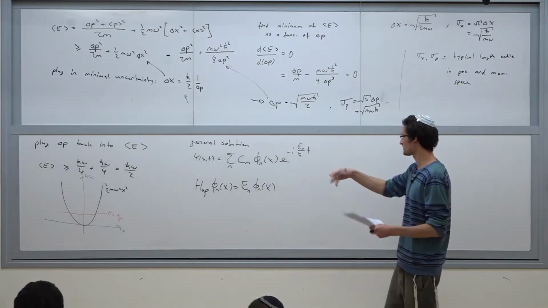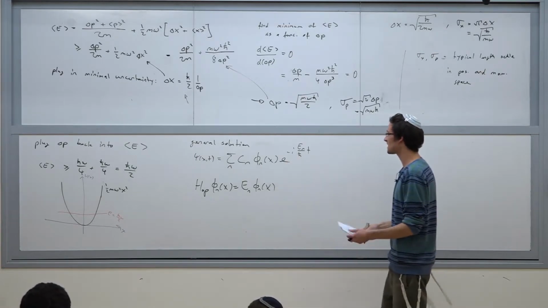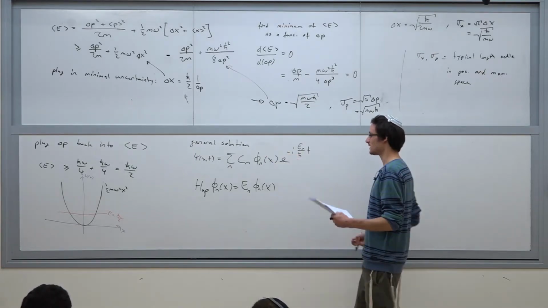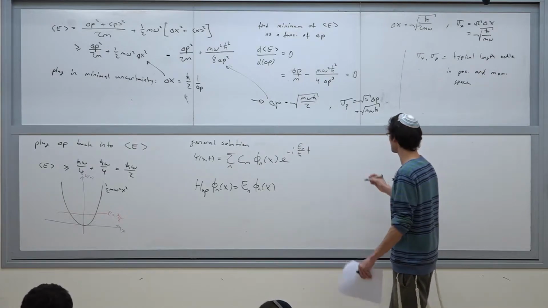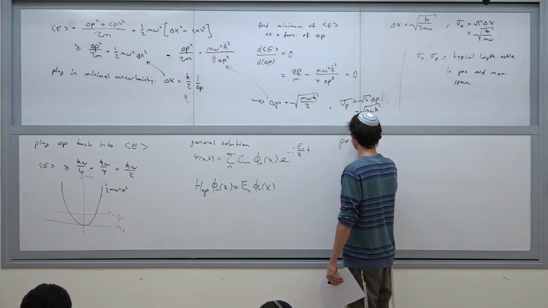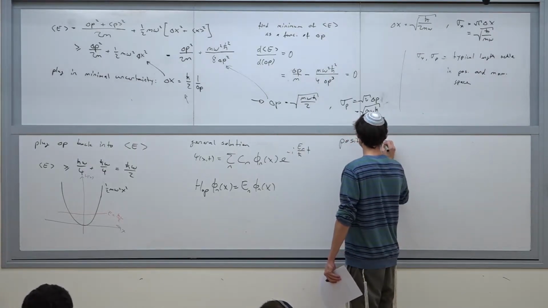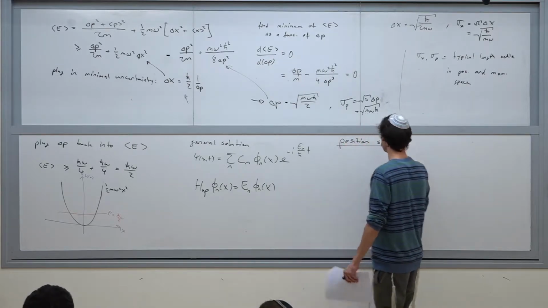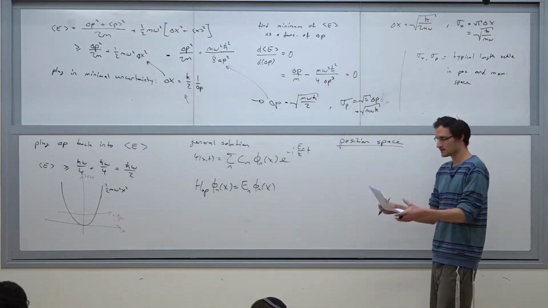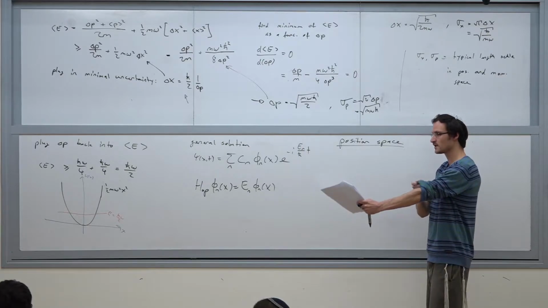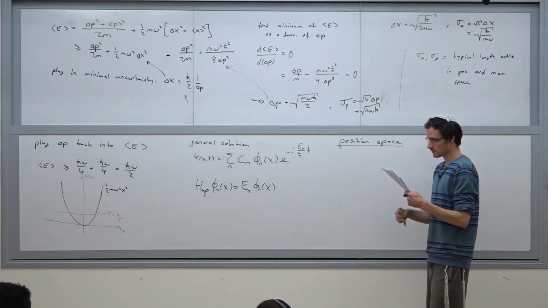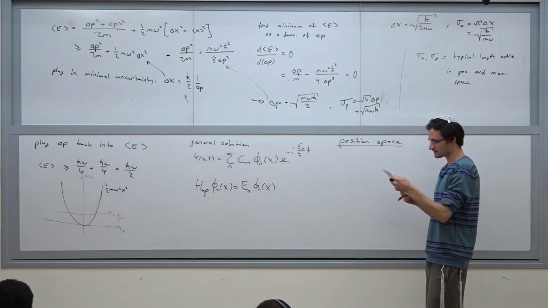As soon as we found them, we can plug them back into the infinite sum and use initial conditions to find Cn. Okay, so let's first of all do this in position space. I will not go through the entire calculation that you did in class. Obviously it took a long time and there's no point in me repeating it. I just want to stress a few points.